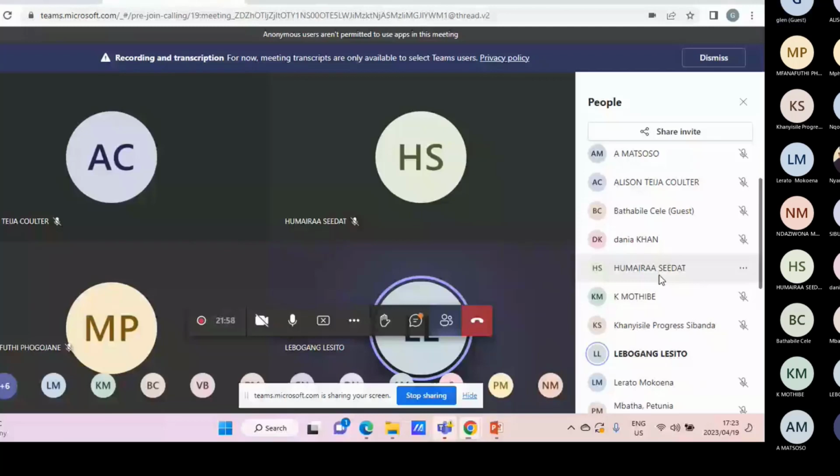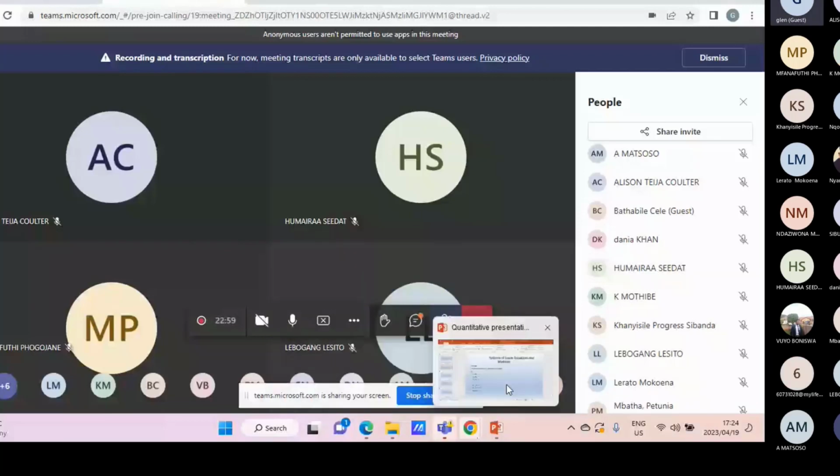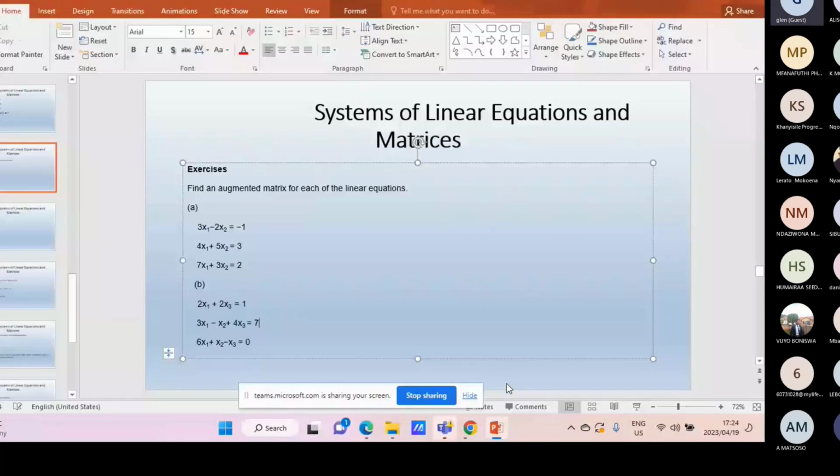Okay, then the answer for number B, which a number of people found. I remember Nobile found it, as well as Sibusiso. These are the two people that I can remember who got what we were looking for.